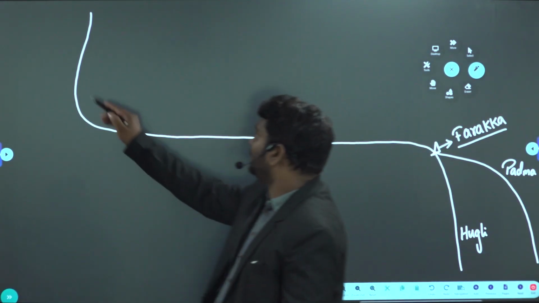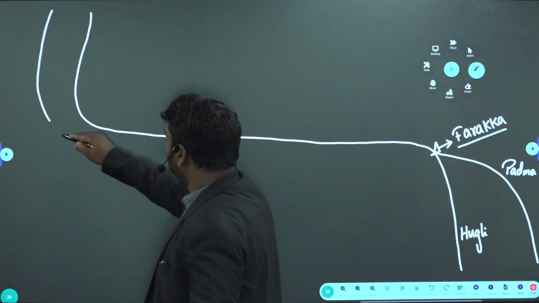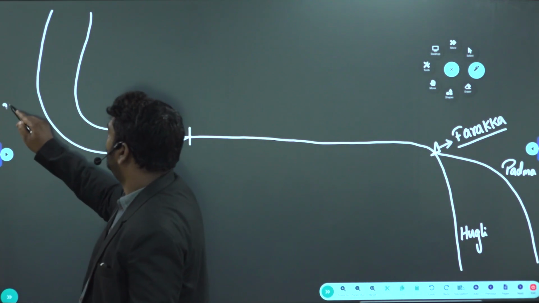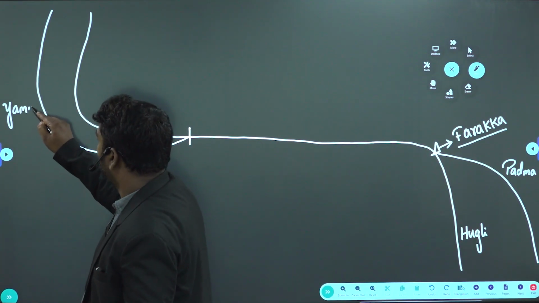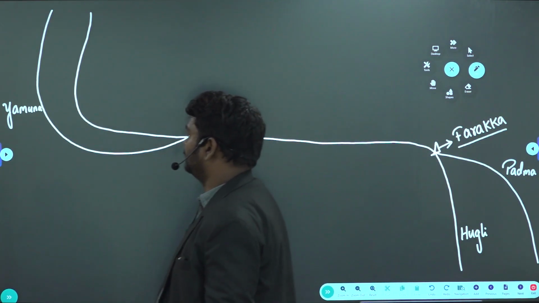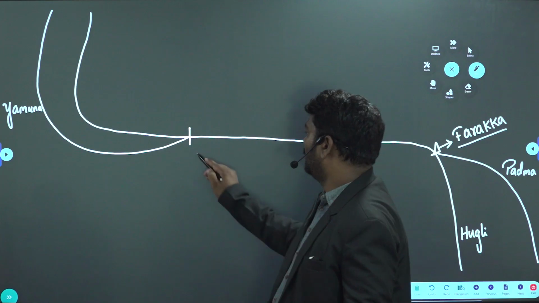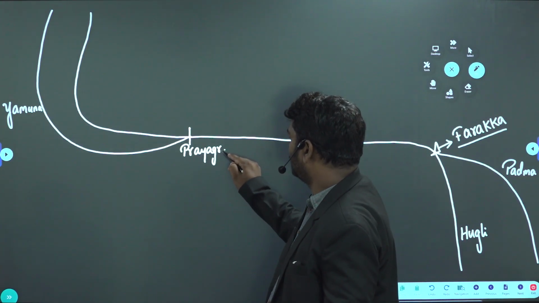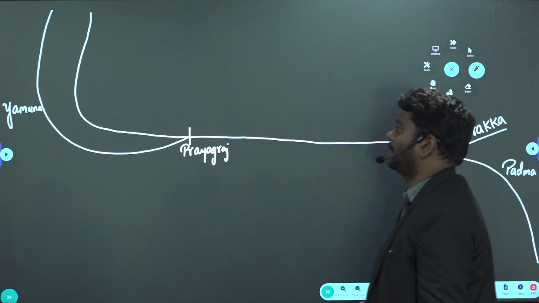Okay, you see here, parallel to Ganga, Yamuna flows and meets at Prayagraj.